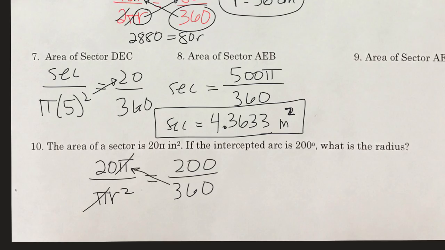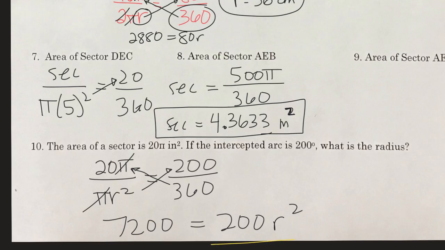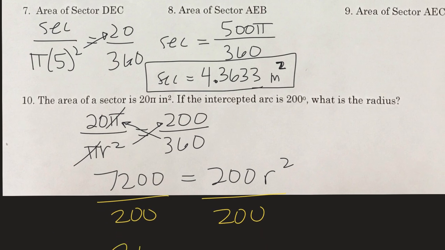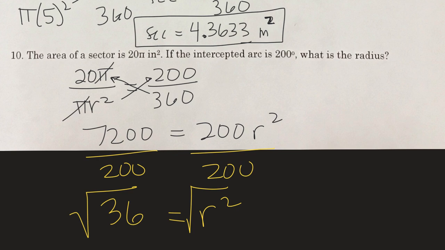We'll do our cross multiplication. 20 times 360, that's 7,200, equals 200r squared. So we'll divide both sides by 200. That's 36. And our last step is to take the square roots. So this would have a radius of 6 inches.